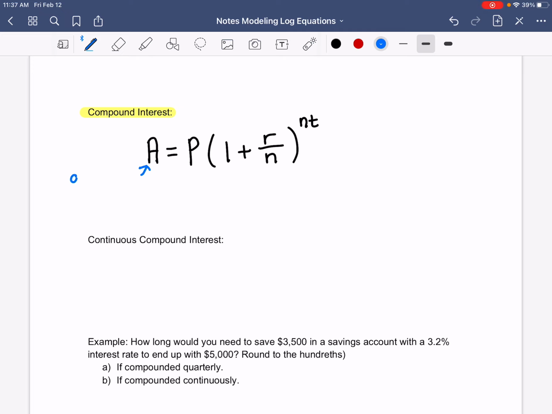A is your amount after time. Well, I'm just going to say your ending amount. Sorry if you start writing that down. Ending amount. P is your starting amount. r is your interest rate. Remember, you need to put it as a decimal.